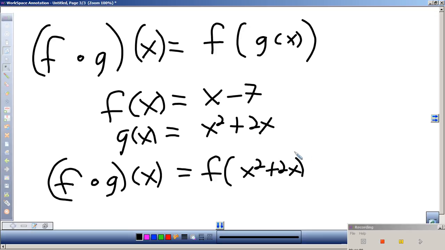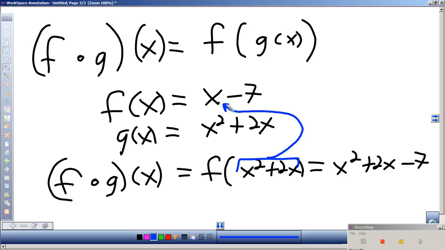So x squared plus 2x minus 7. So what I did is I took this part right here and placed it inside of x.